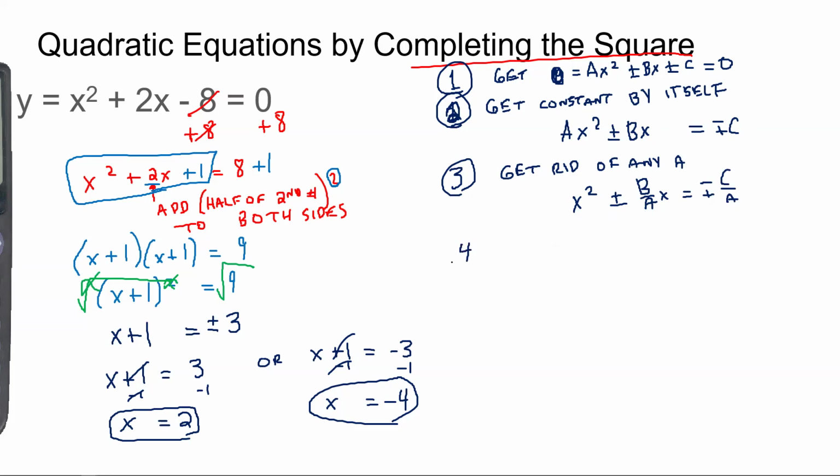Okay, and here's where we come in, and we're going to do this thing right here. We didn't have to deal with step 3, but for step 4, add half of b over a, squared, to both sides.